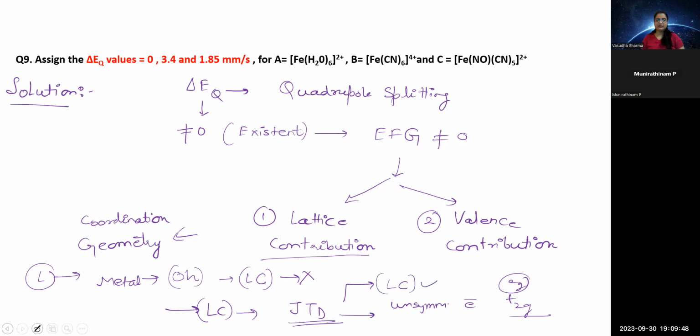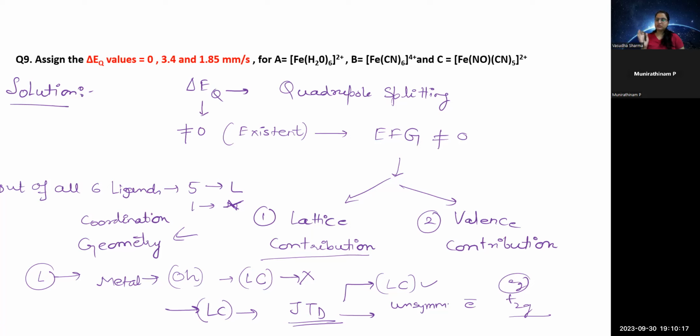The third parameter: out of all 6 ligands in an octahedral case, 5 are of one type, say L, and 1 is different, say X. For example, 5 ligands are water and 1 ligand is chlorine.